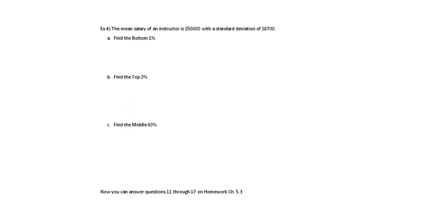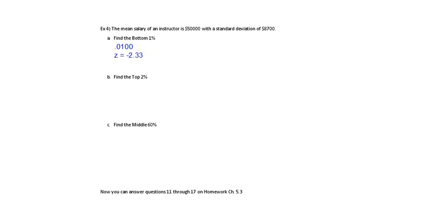All right, well, the mean salary of an instructor is $50,000 with a standard deviation of $8,700. Find the bottom 1%. Well, the first step is to find the z-score for 1%. So that's going to be the same as 0.0100, and the z-score for that is equal to negative 2.33.